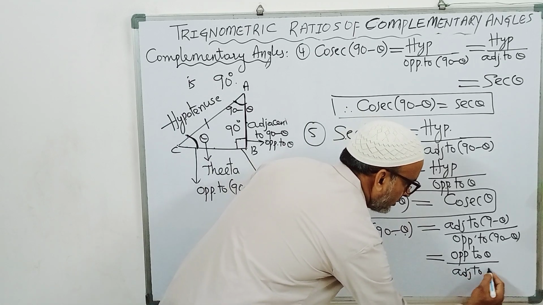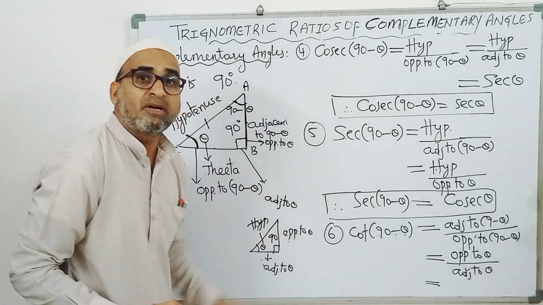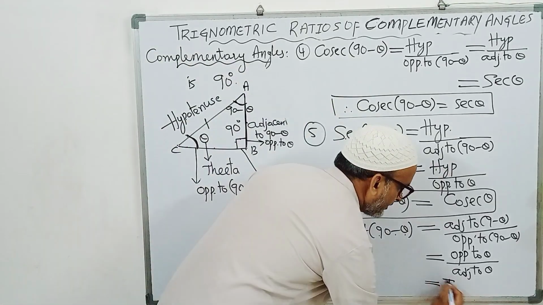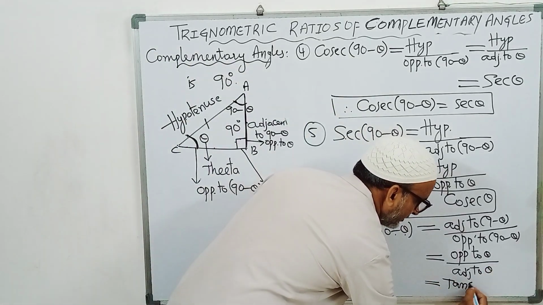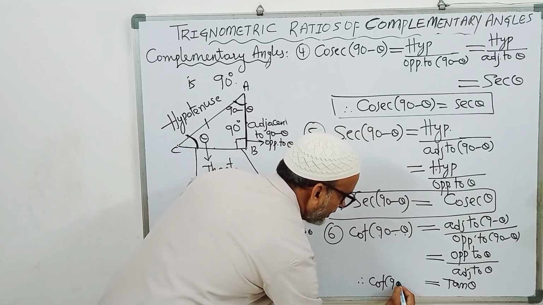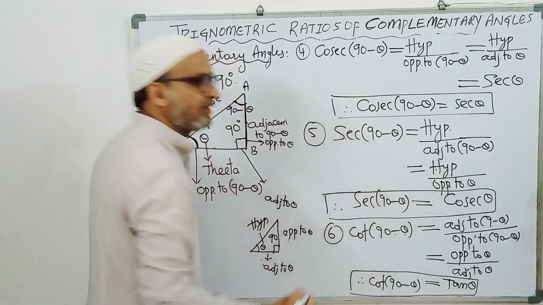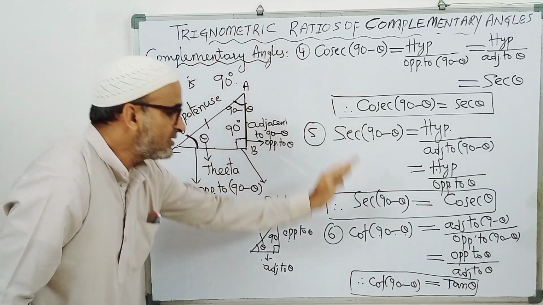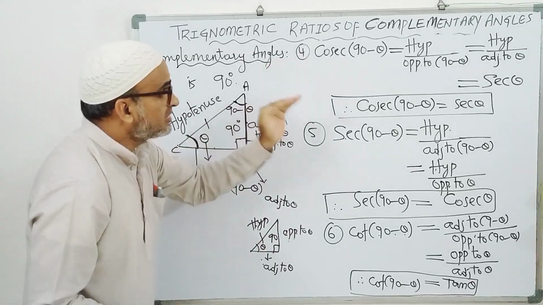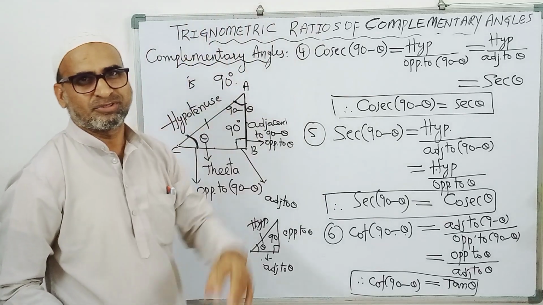Opposite by adjacent is nothing but tan theta. Therefore, cot of 90 minus theta is equal to tan theta. So these are the 6 complementary angle trigonometric ratios.